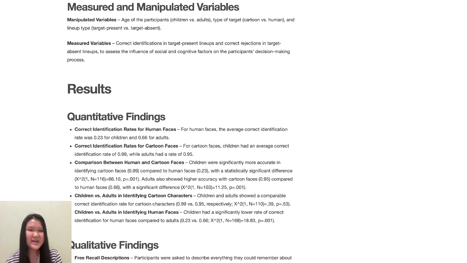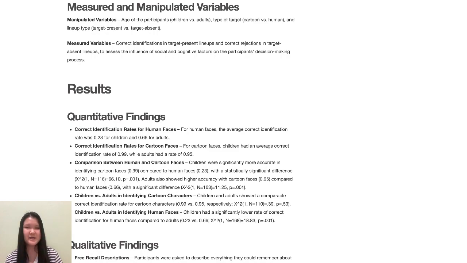Okay, so remember we talked about variables just now. Can you tell me what the 2 variables we would be looking at are? Like the independent and the dependent? Yeah. Okay, so right now we'll call it measured and manipulated, right? So what was manipulated?